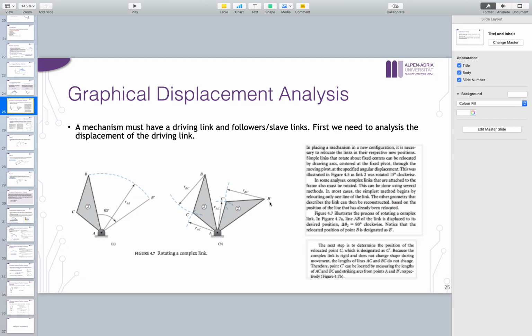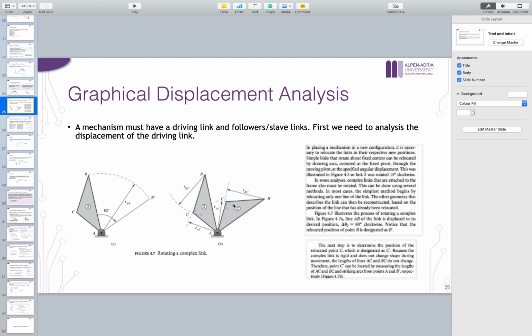Just remember again, if I apply angular or linear displacement, the angular displacement is the same for all parts of the link. The linear displacement is not. So although I'm applying an angular rotation, that doesn't mean all points would have the same linear displacement, but they would have the same angular displacement. And this is what is happening here.